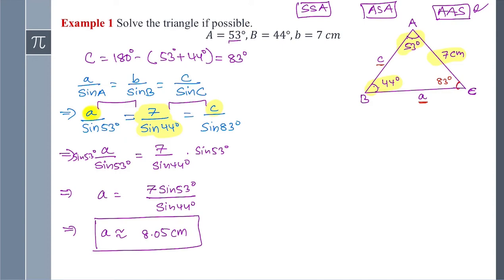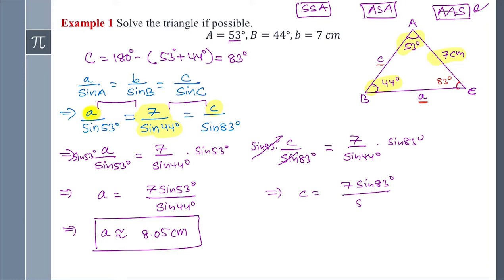Now let's take the second and the third one, which gives us C over sine of 83 degrees equals 7 over sine of 44 degrees. Again, if you multiply by sine 83 degrees on both sides, this one cancels out, so we get C equals 7 times sine 83 degrees divided by sine 44 degrees.